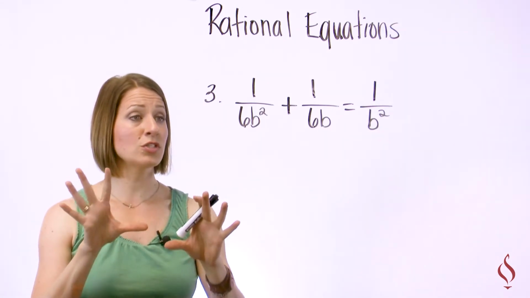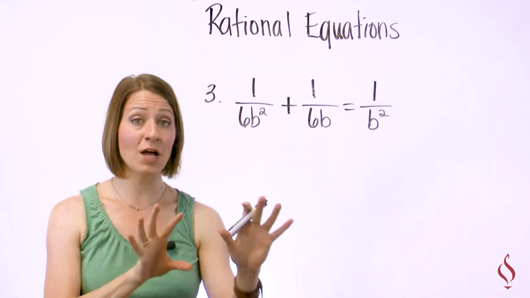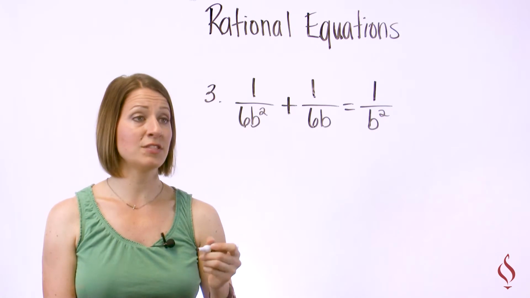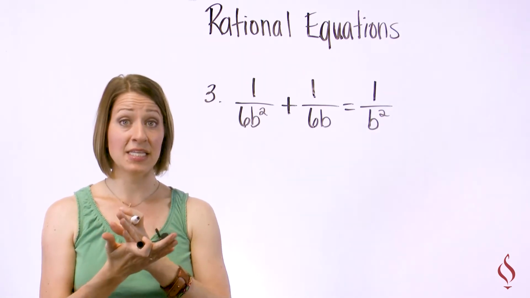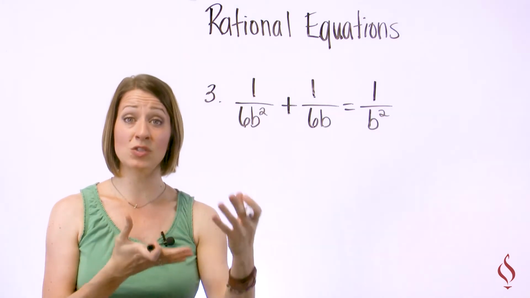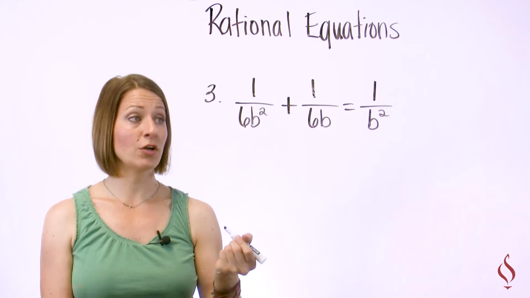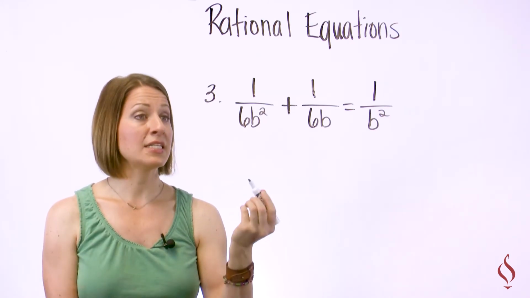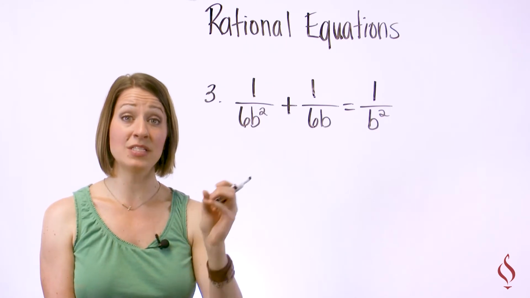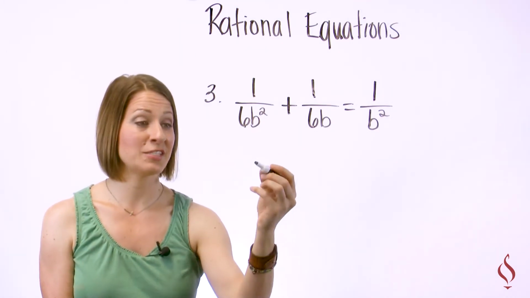And so if we were to get them to all match, to all have a common denominator, that common denominator would definitely have to have a 6, and it would have a b, but that b would need to be b squared, okay? And then that would be the common denominator for each of these problems. And so we're going to take that common denominator, 6b squared, and multiply to each of these numerators.